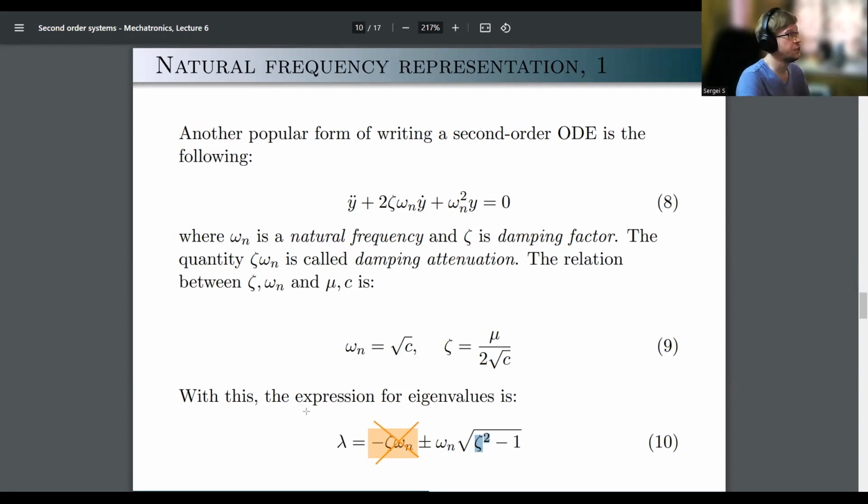And that is the only way to make sure that the real part is 0. Here it would be 0. So we'd have square root of -1 is I. So the eigenvalues would be plus or minus omega times I.